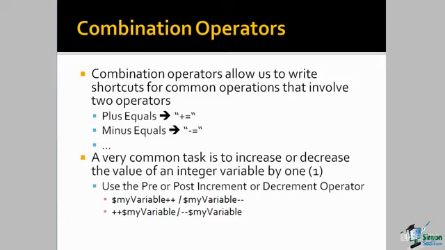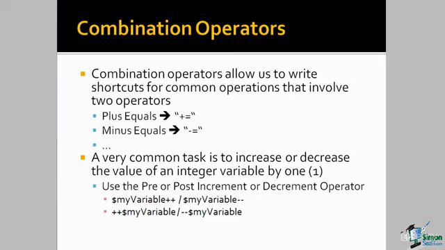And that's just a shortcut. It's not a different operator. It's exactly the same operator as adding and assigning. It's just a shortcut. So if you're not comfortable with these yet, then don't worry about it, because you can do functionally identical things with just using the plus, minus, divide, multiply with the assignment operator without using the shortcut.